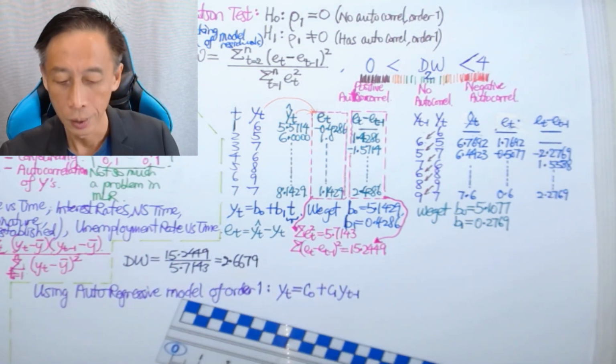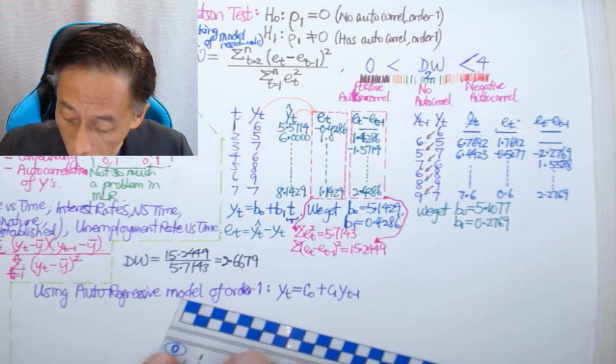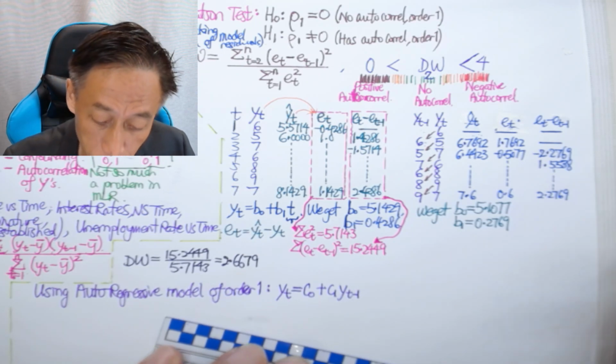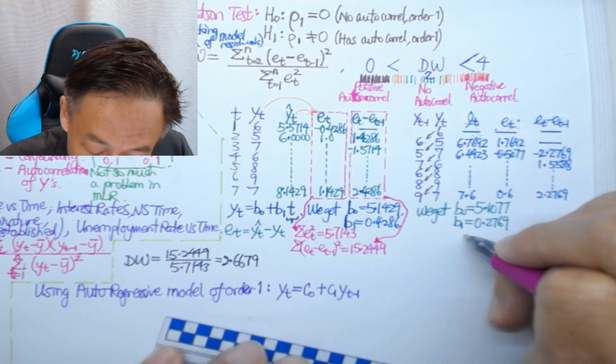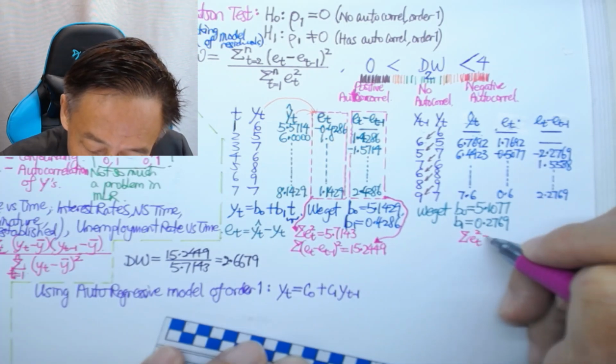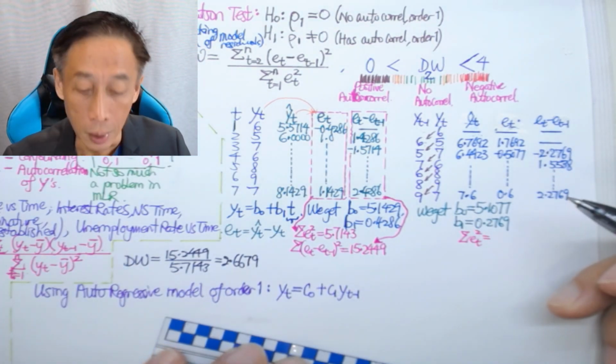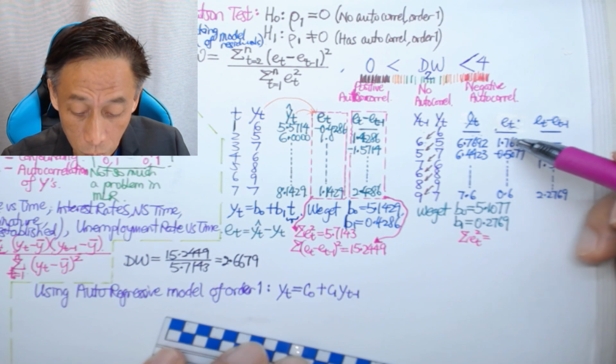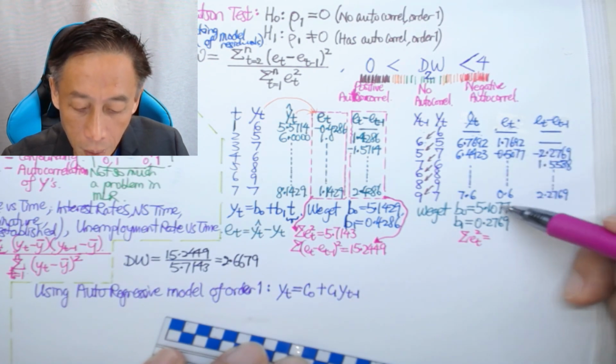All right. Okay, so just like before, we will obtain the sum of ET square. Again, we'll square each number and then add them all up.